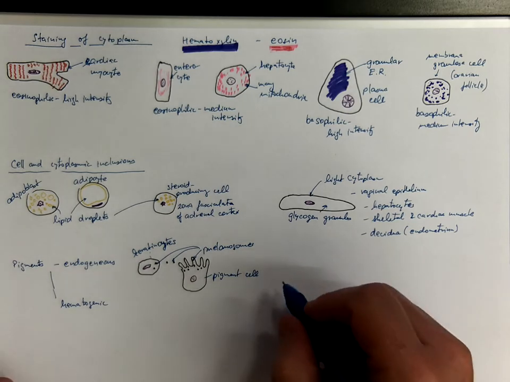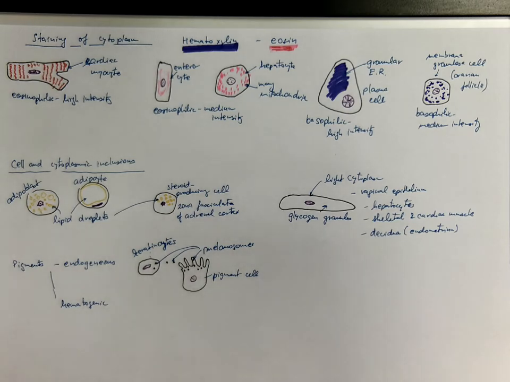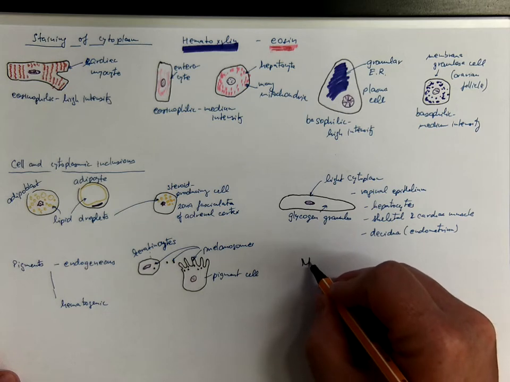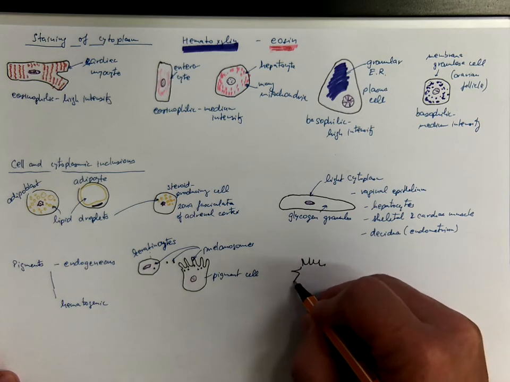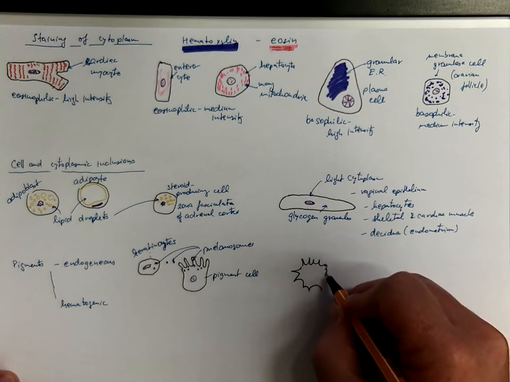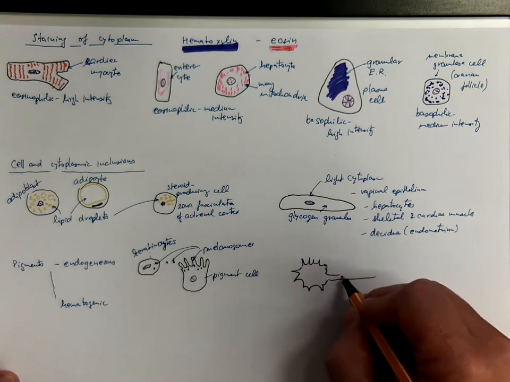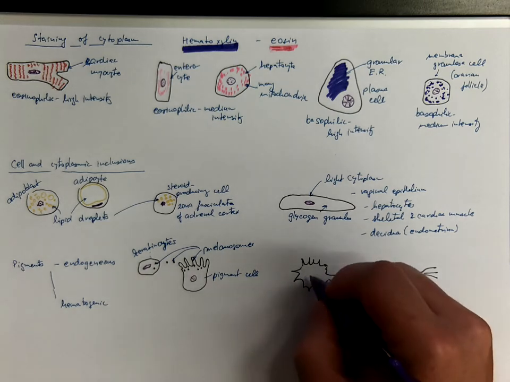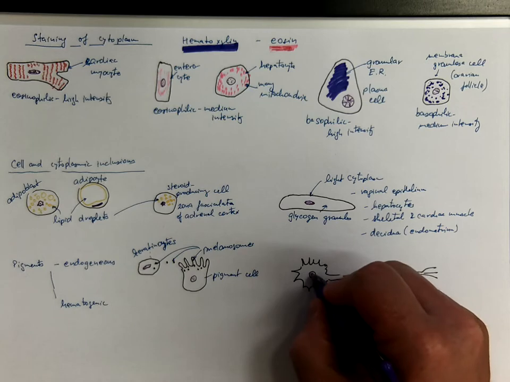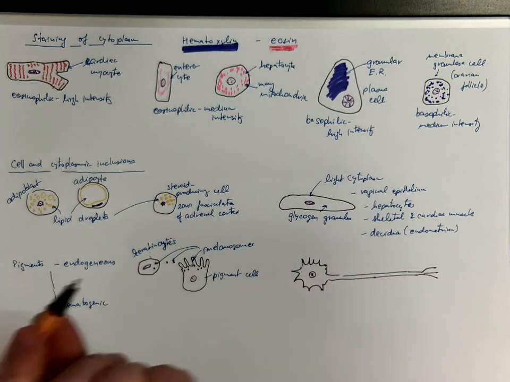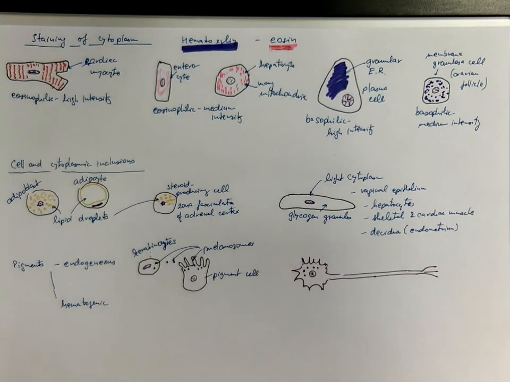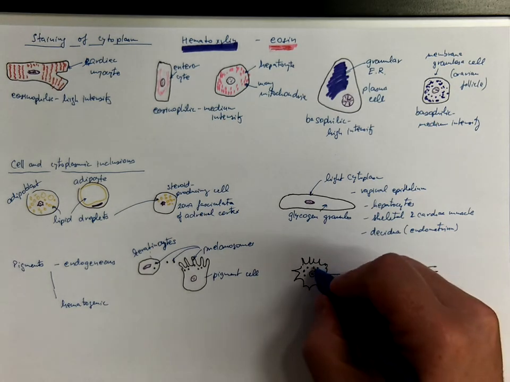Melanin could occur also in the form of so-called neuromelanin in nervous tissue. So if I have an example of a neuron, this will be a cell body and the axon of some neuron. Then some neurons in the human brain have a tendency to accumulate melanin granules, and this time we call it neuromelanin.